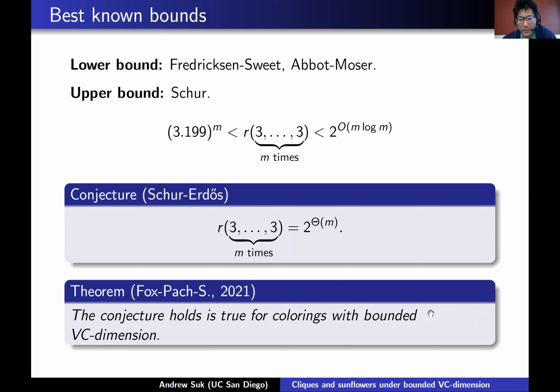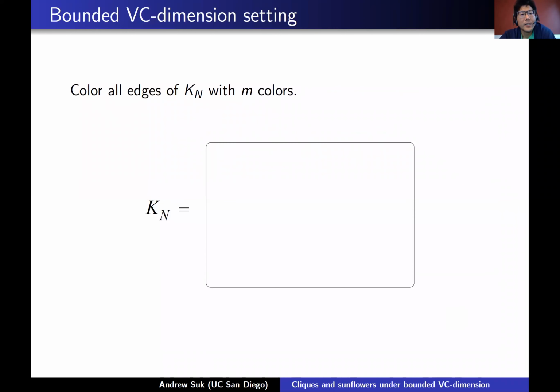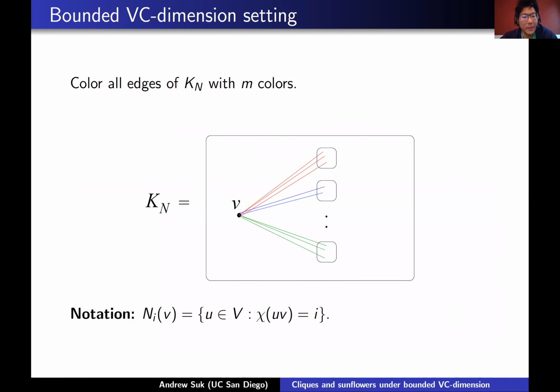Before I can state this a little bit more precisely, I need one more definition. Suppose we have the complete graph on n vertices, and every edge is colored with one of m colors. Then if I fix any vertex, I can look at the neighborhoods with respect to each color class. I'll denote N_i(v) to be the neighborhood of v with respect to the ith color class.